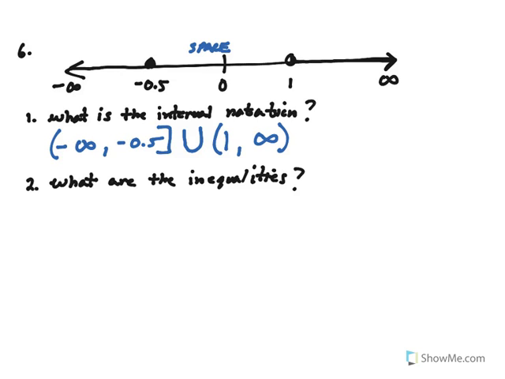So now, what is the inequality that represents the left interval notation and the right interval notation, right? So we'll start with the first one, negative infinity, comma, negative 0.05. So again, we're going to use x as our variable.